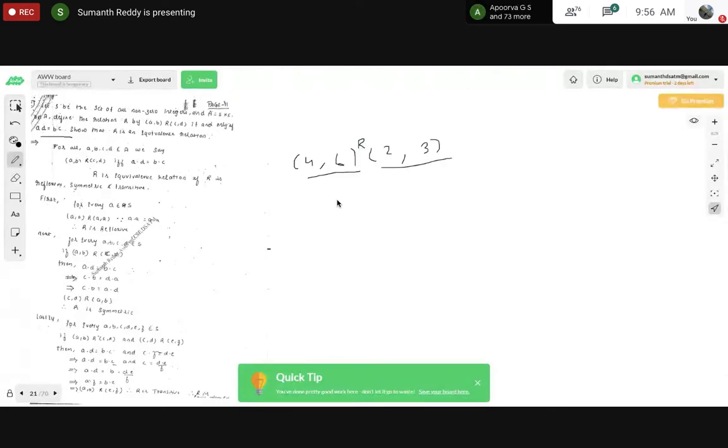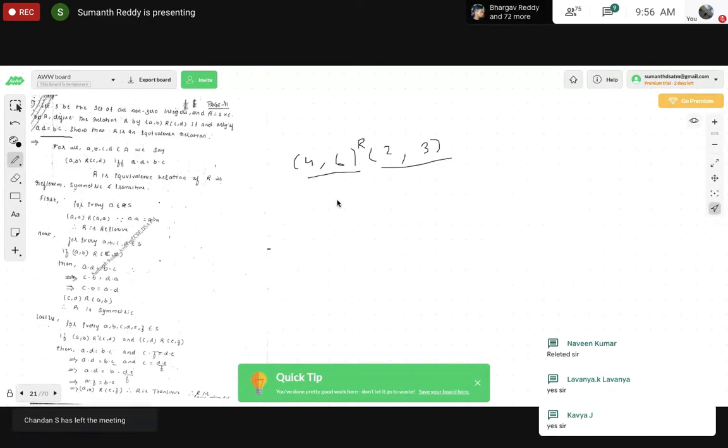Just answer me. Is (4, 6) related to (2, 3) based on the question that he has asked? The condition is that the external elements, 4 into 3, should be equal to 6 into 2. Obviously they are related.